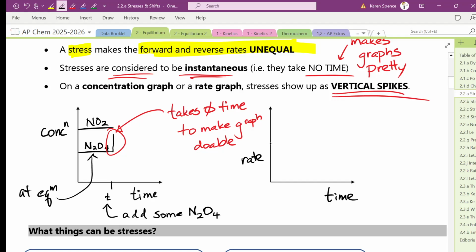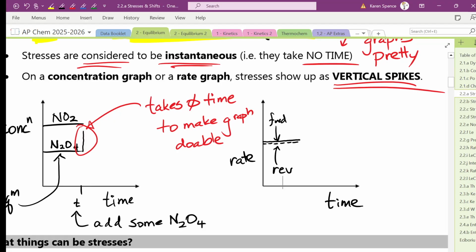So we have the forward rate and we have the reverse rate. Now, all of you who are picky people, oh my God, those aren't the same because they're not touching each other. You can't make them touch each other and still distinguish between them. Do your best to make them look like they are the same. Get over it. We don't have to be perfect. We are not computers. We're doing the best we can with the tools we have.